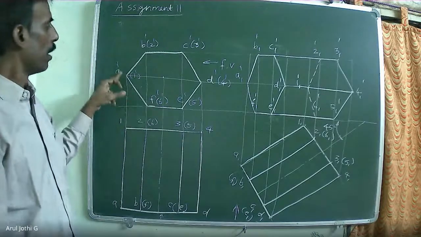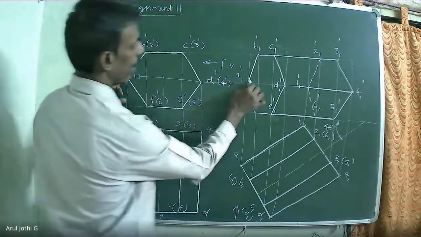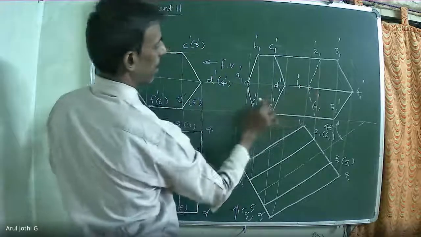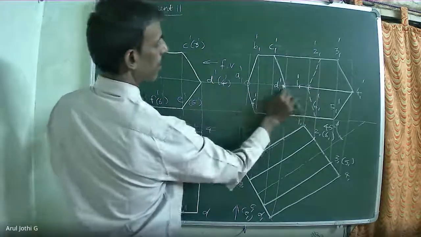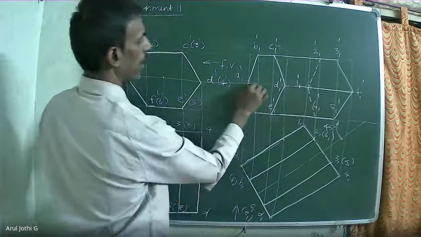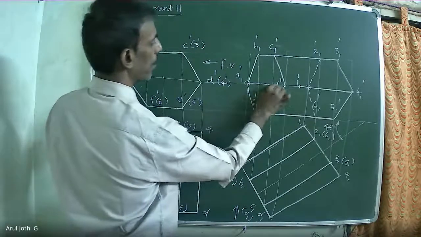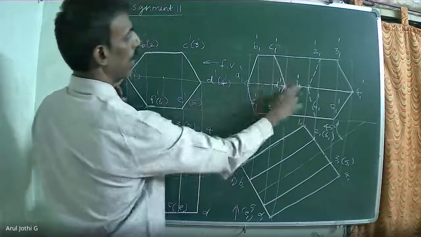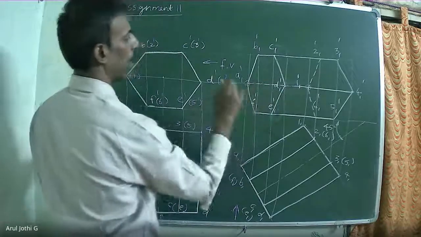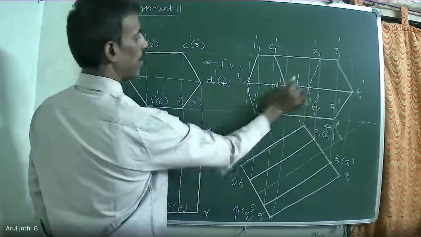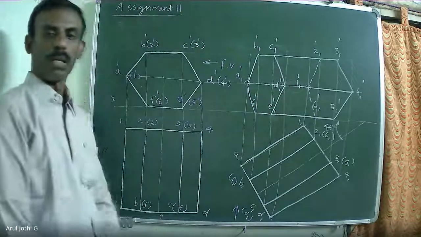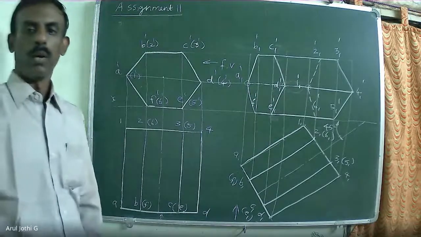Now look at the A1. A1 is not visible. A is here, 1 is here. Already for some portion a visible line is available. Only for the uncovered portion can you draw the dotted line for A1. In this area already a visible line is there. So you cannot draw the dotted line in this location.